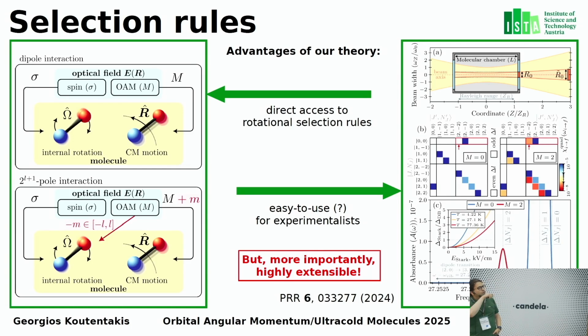And our theory can be used for experiments quite easily. Here we simulated what would happen in a molecular chamber experiment. And lo and behold, the red line in the third plot here is the new transition that we have. And a very good feature of this framework is that it's quite extensible.